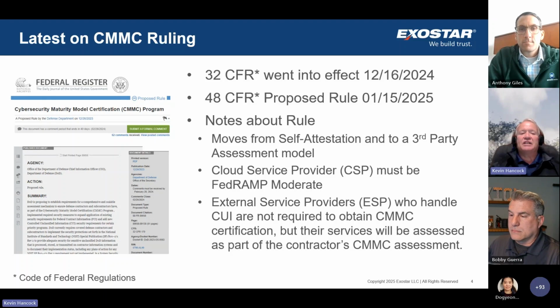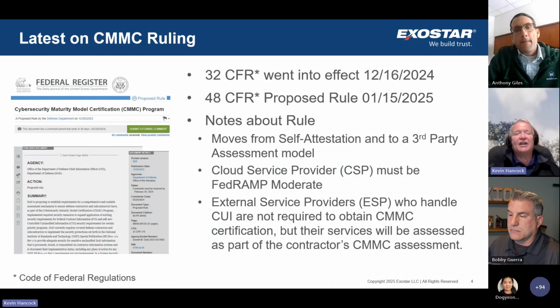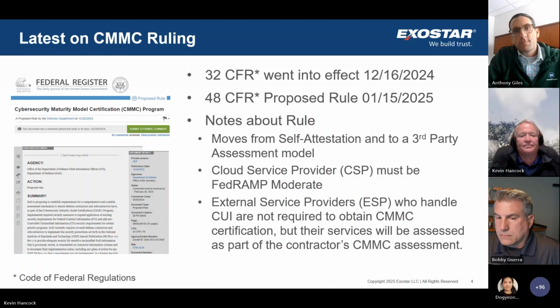It defines some additional terms: a CSP, a cloud service provider, and their requirements to be able for you to utilize their services. And in those cases, those solutions need to be FedRAMP moderate. It also defines the term of an external service provider and what the requirements are for those as well.